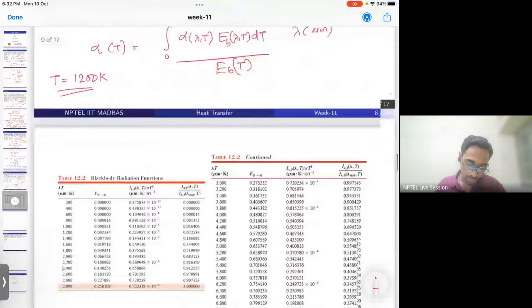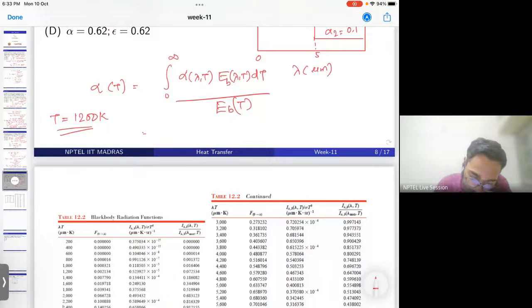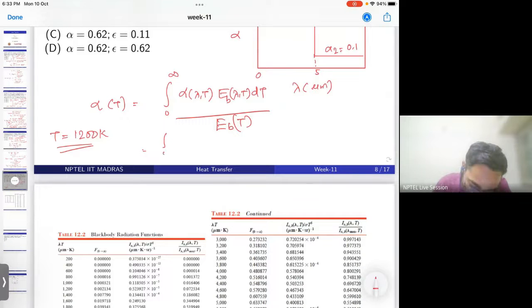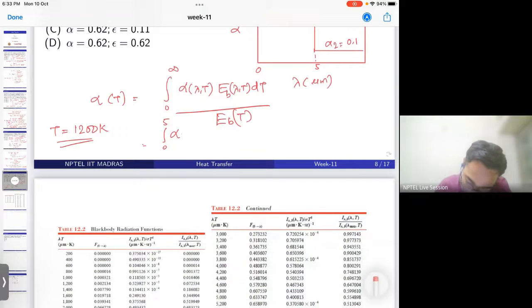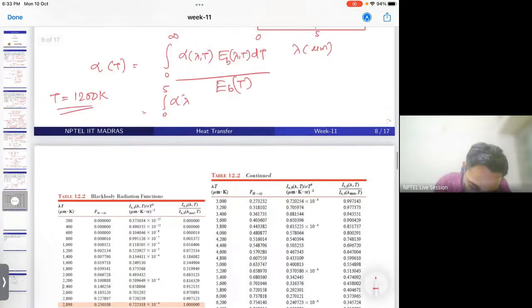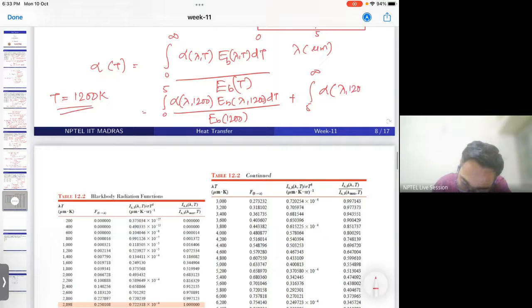As it is divided into two, we are splitting this: 0 to 5, alpha 1 times E lambda at 1200 d lambda divided by Eb at 1200, plus 5 to infinity, alpha 2 times E lambda at 1200 d lambda divided by Eb at 1200.